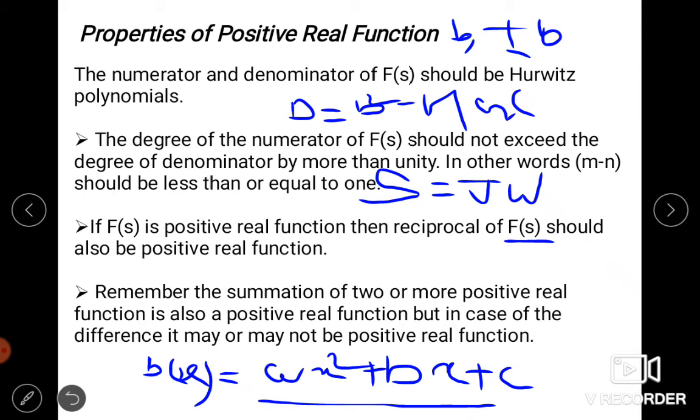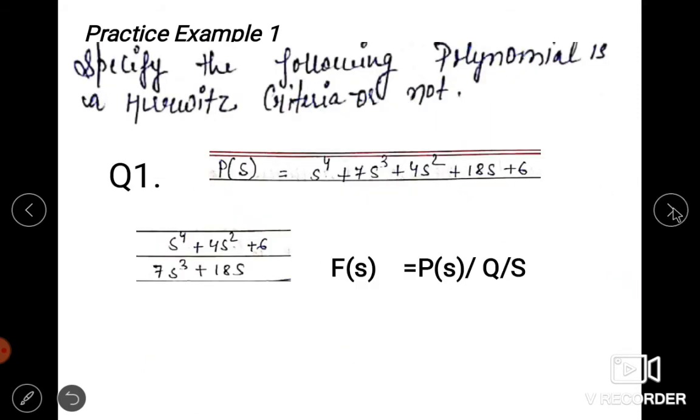This is the most important condition, and we will frequently use it to find out whether the function is positive real or not. Also, F(s) should possess simple poles, and the residues should be real and positive. These conditions must be satisfied while we are solving the equation.